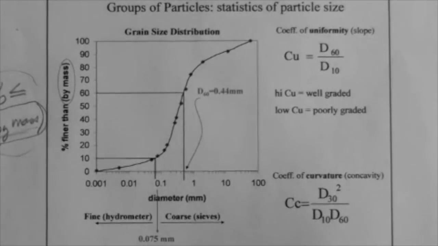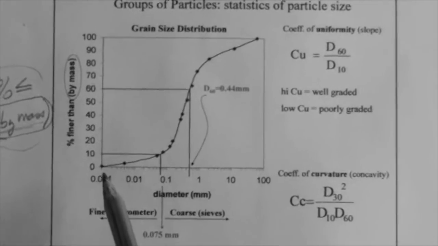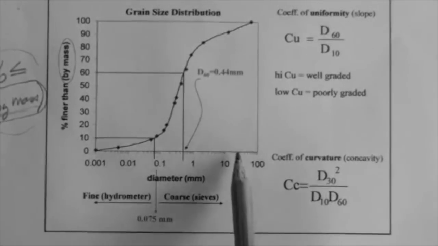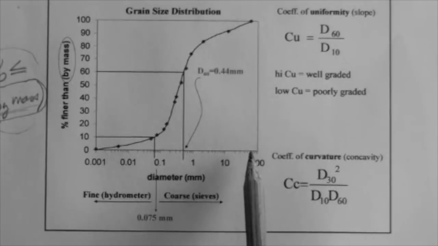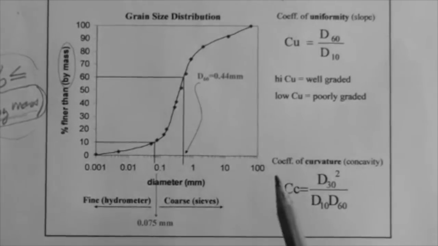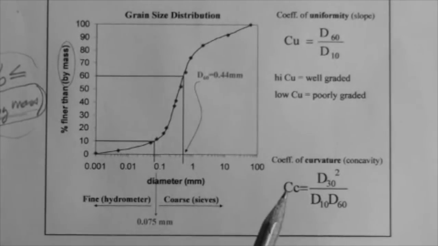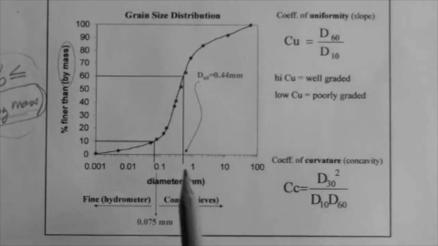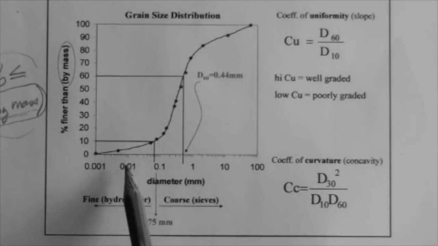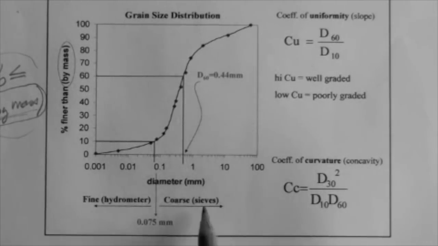Here's the curve, for a given soil. Notice that the x-axis is in a log scale. You have to learn, if you don't know already, how to read a log scale, but that's beyond the scope of this class. What you have to realize is that the difference between the main tick marks is tenfold.